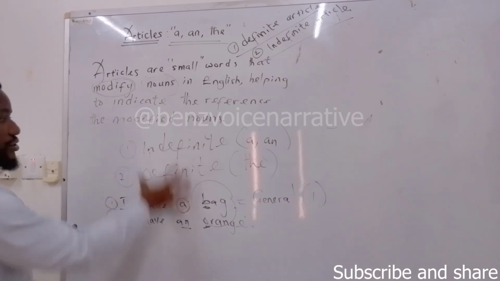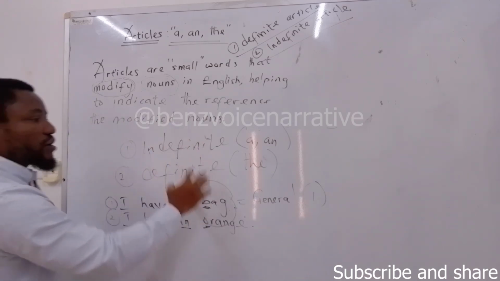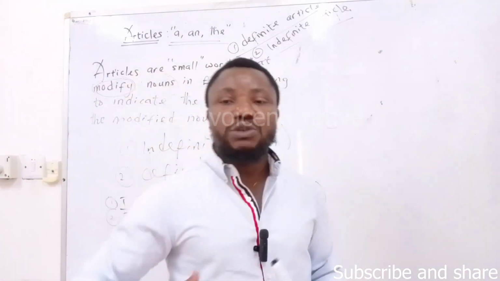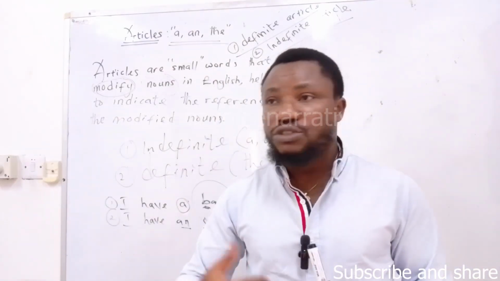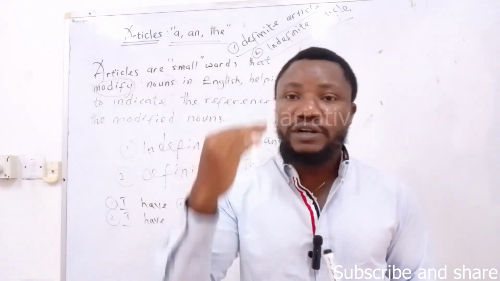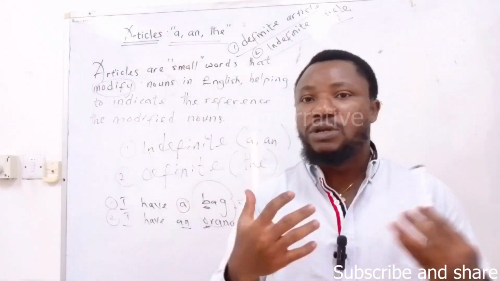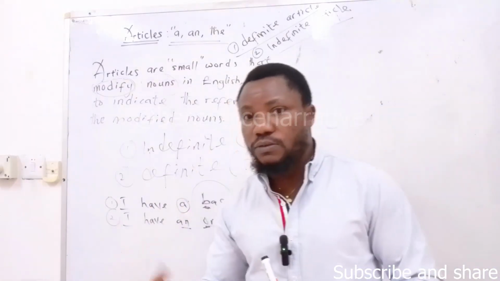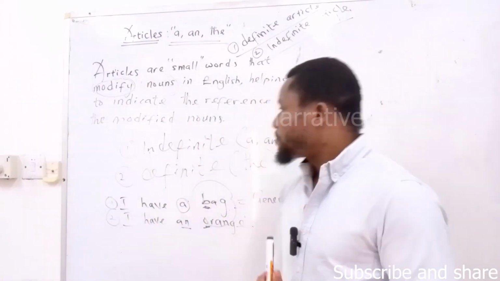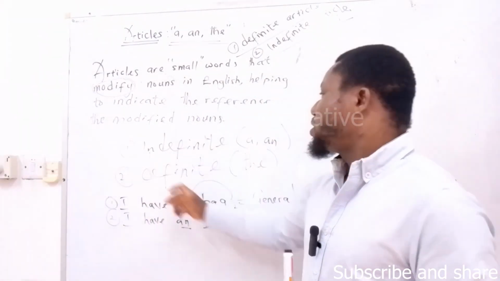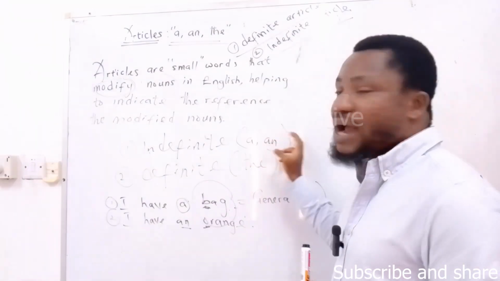And also, when we use the indefinite articles, it means that the information we're talking about is not only general, but we're mentioning such information or such idea or such word for the very first time. Every time you want to talk about something that is not known to people, for the first time, the article that you use is the indefinite article, either a or an.